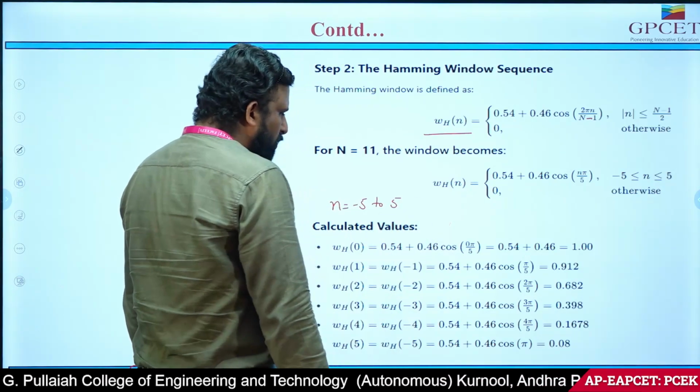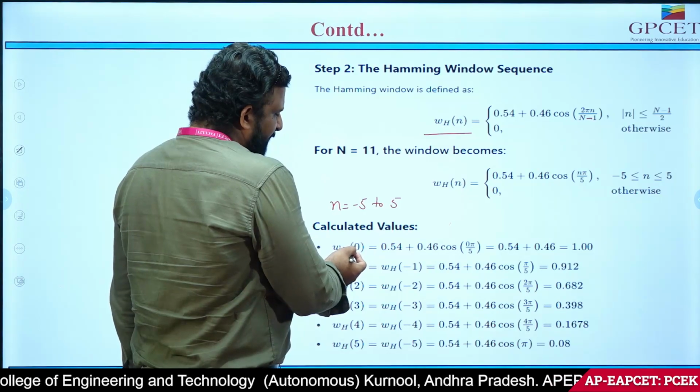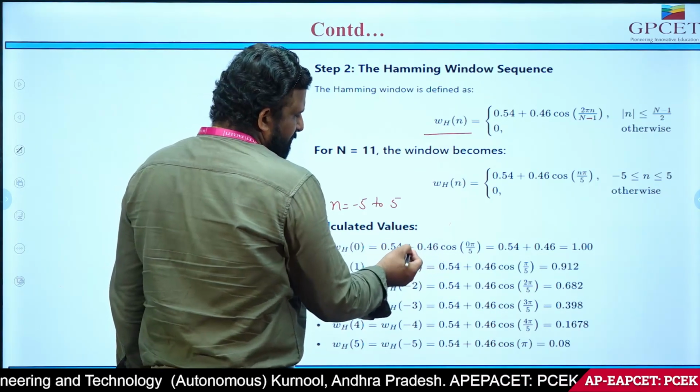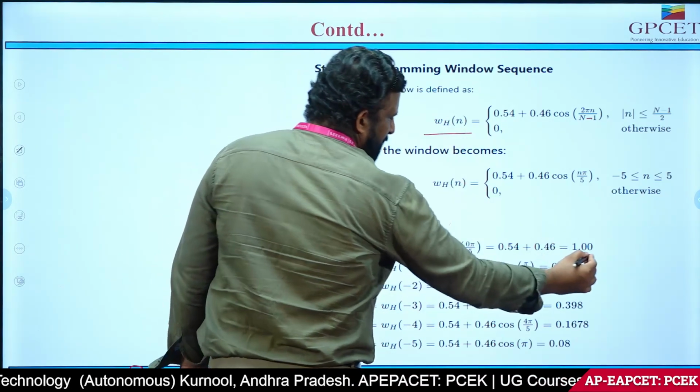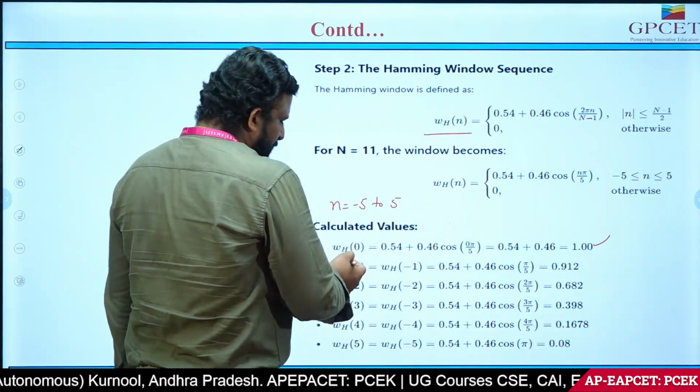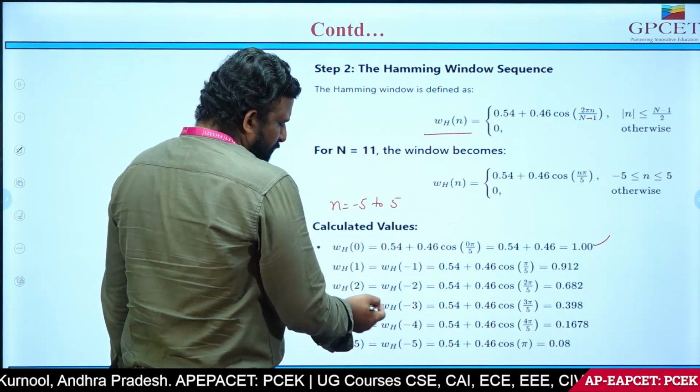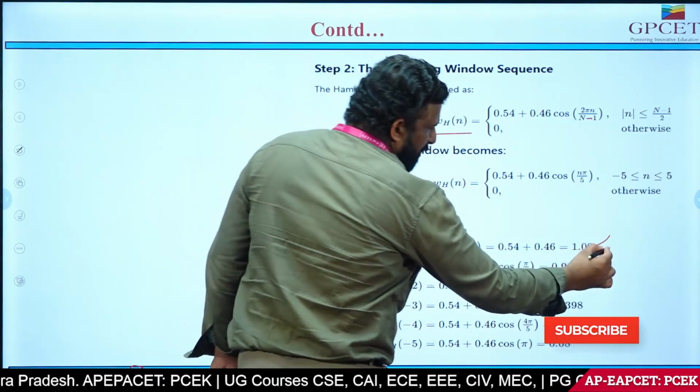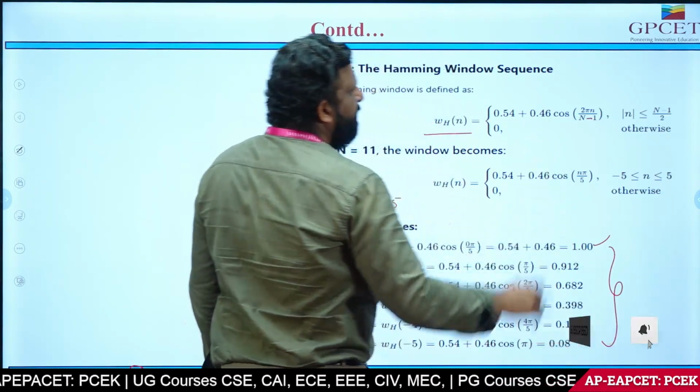Substituting n equal to 0, I get the value 1. Similarly, substituting n equal to 1, 2, 3, 4, 5, overall I get all the coefficients of the Hamming window sequence.